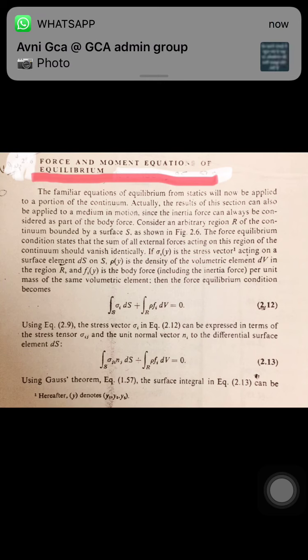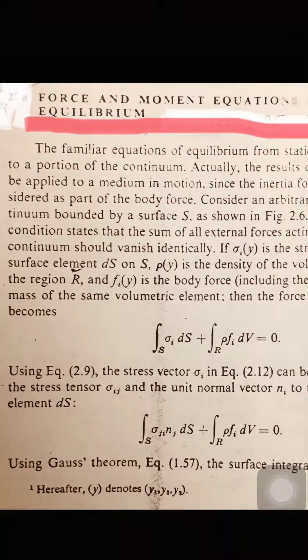Similarly, for moments, if the sum of all moments at a continuum point equals zero, the equation is known as the equilibrium moment equation of equilibrium. Okay, what are we doing to prove these conditions?